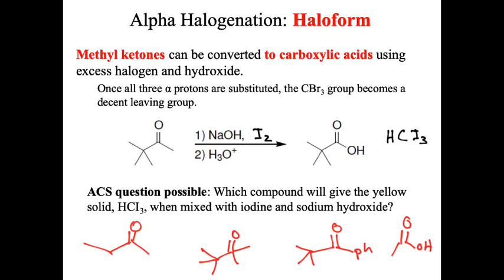Last one, it's a carboxylic acid. It's trying to trigger that officially. What they're trying to do is be like, you're going to recognize the pattern and say, because that was a product in that reaction, I'm going to say that's the answer. So they're playing a structure memorization game with you. How good were you at memorizing?